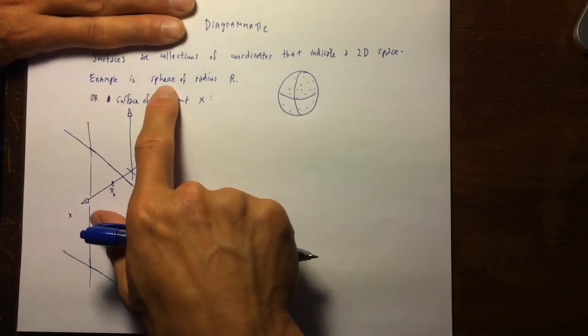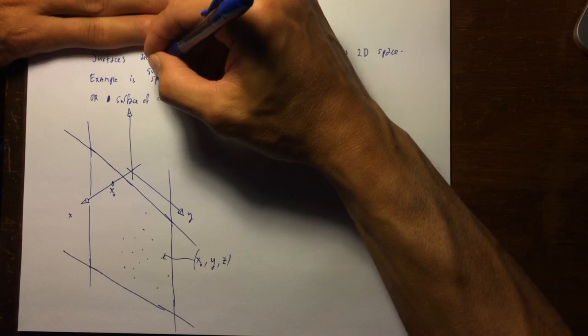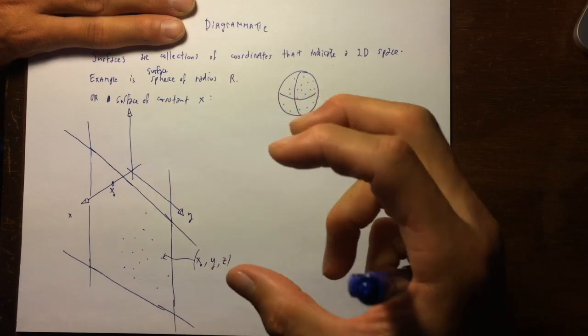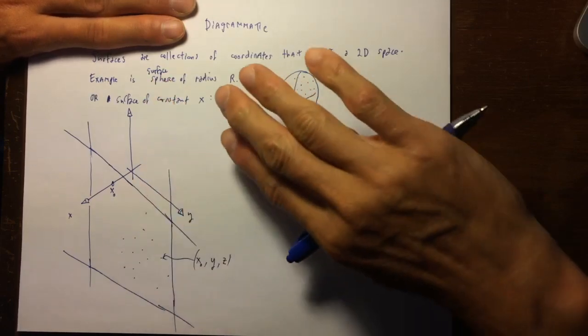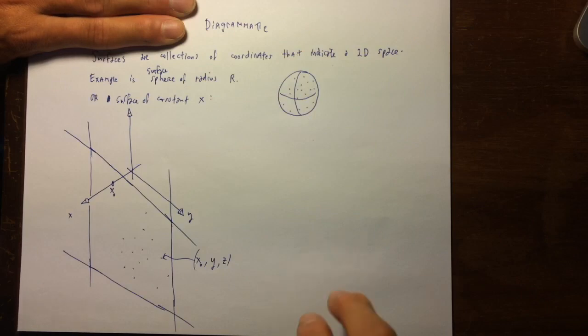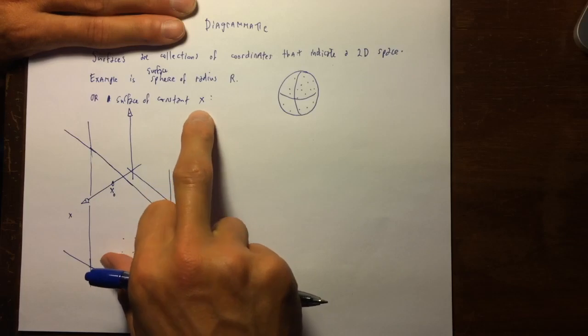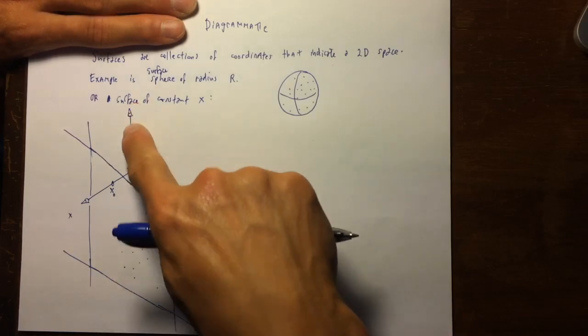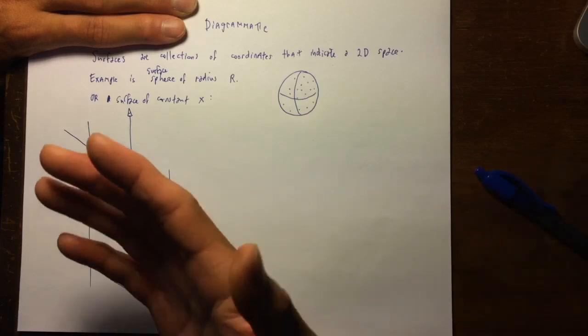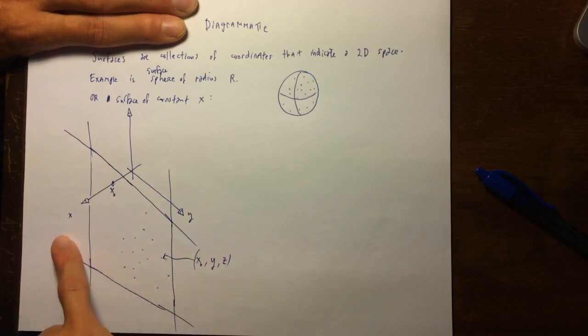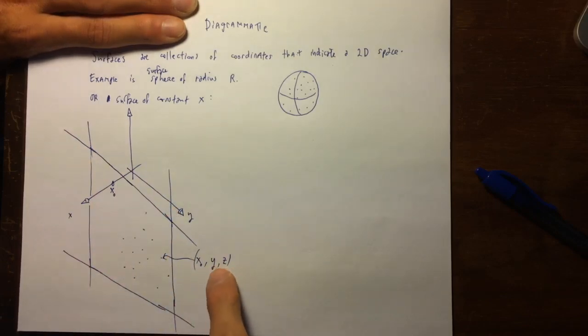An example is the surface of a sphere of radius r, and I don't mean a volume sphere, I mean just the top surface, the outer coating. Another one is a surface with a constant value of x. So if I imagine three-dimensional space, there is a plane, a flat plane of a whole bunch of coordinates where every different coordinate on the flat plane has different values of y and z.